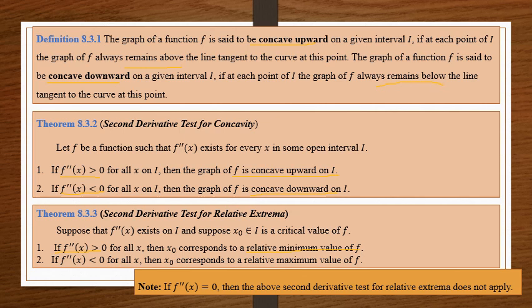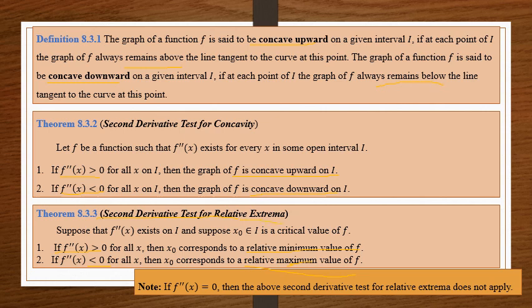And then if yung second derivative naman natin class is less than 0 siya, then x sub 0 corresponds to a relative maximum value, which means the opposite, no? Kung maximum, less than. Kung minimum, greater than. Yan yung sa second derivative test for relative extrema.